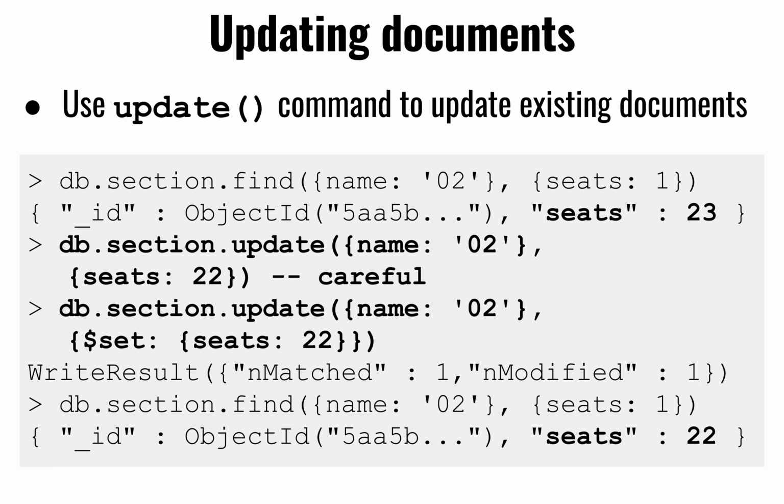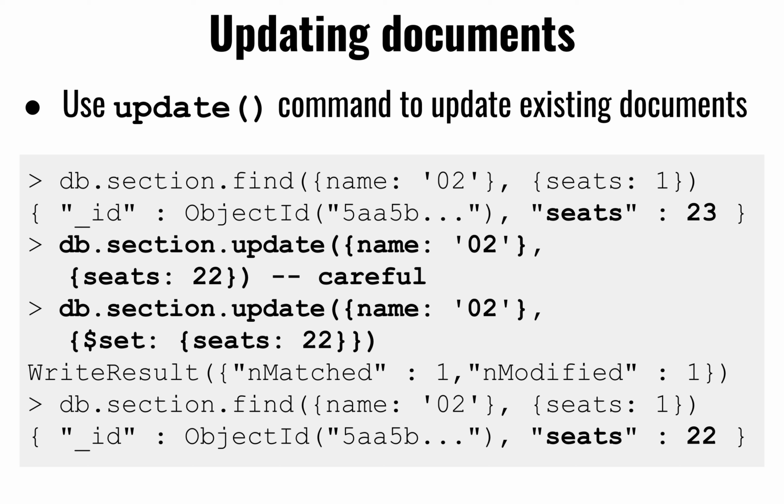One limitation is that you can't refer to fields of documents that are already there. So you can't say seats is equal to whatever the seats used to be minus 1. That's one limitation, which is common in relational databases.